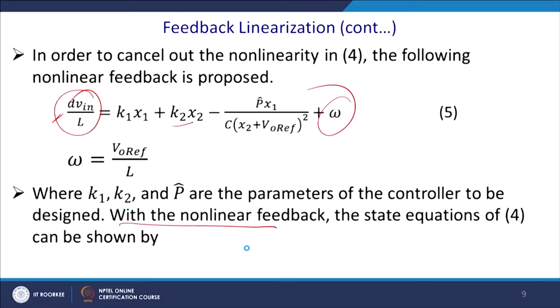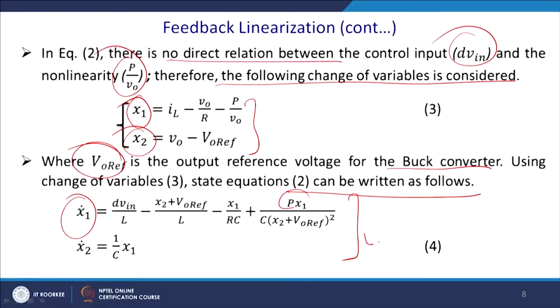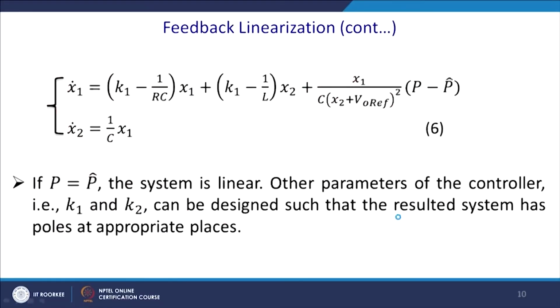So, this equation can be rewritten in 6. That is, x 1 dot equal to (k 1 minus 1 by R C) into x 1, plus (k 2 minus 1 by L) into x 2, plus x 1 into the denominator C into x 2 plus V 0 ref squared, times (P minus P delta), where x 2 dot equals 1 by C into x 1.